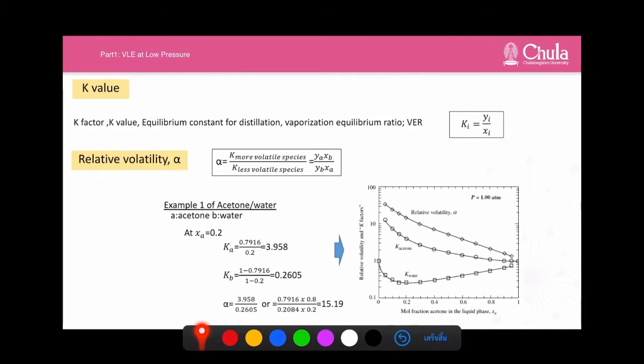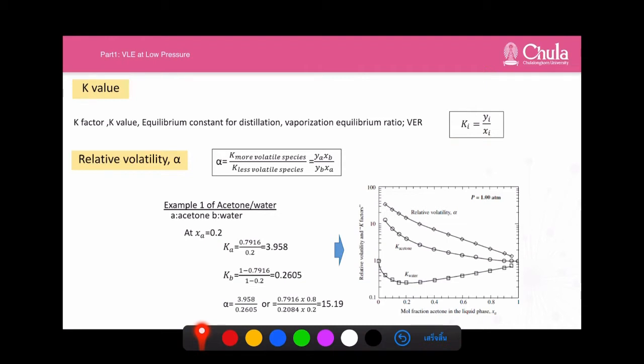Okay, and using this data, if we determine k of the heavy component and light component, the light component means the component which has higher vapor pressure. Okay, higher vapor pressure means lower boiling point.